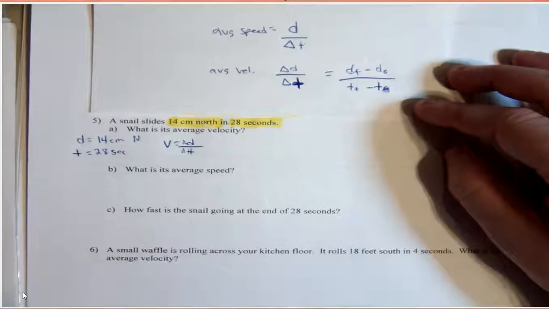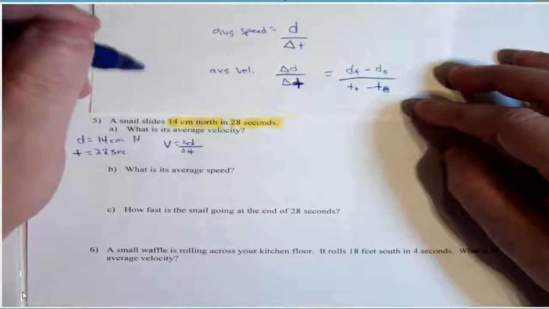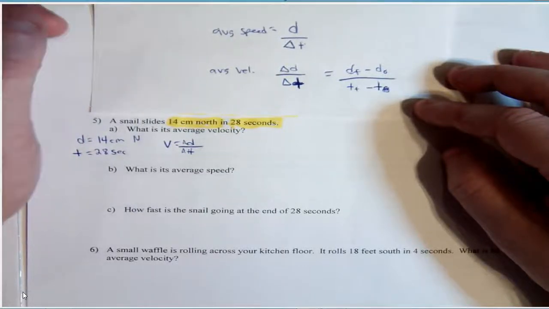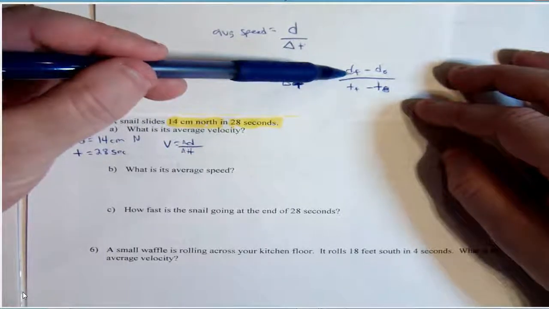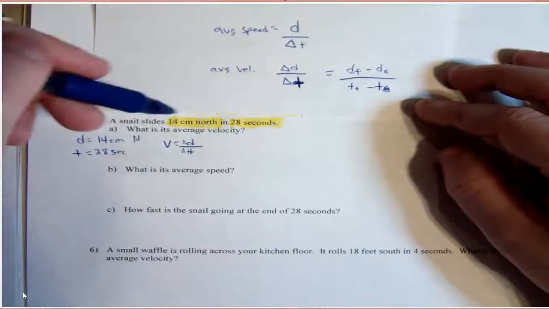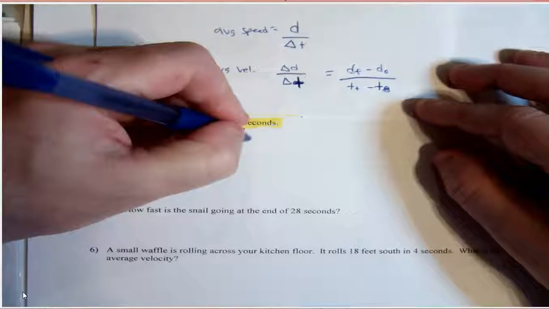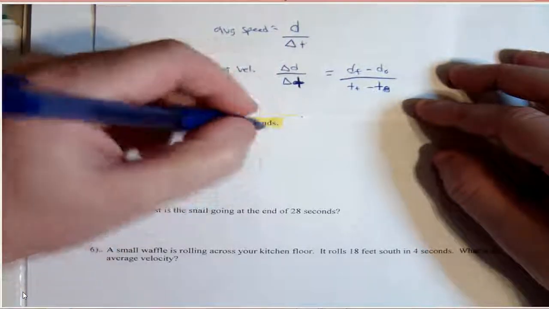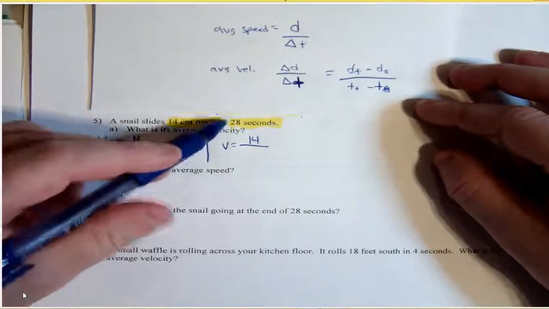Okay, so let's do it. Our distance, and remember, if it doesn't give us a beginning, you just assume the beginning is 0. So our distance is our final distance, 14, minus our initial distance, which was 0, because it started and it slid. So average velocity equals 14 divided by the change in time. Well, 0 seconds to 28.